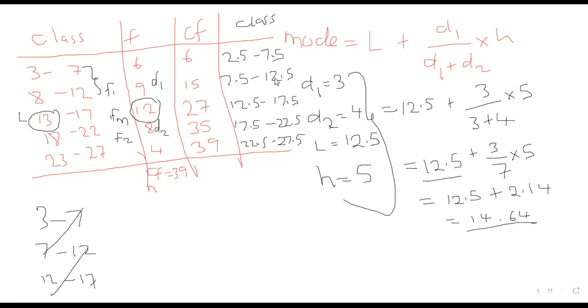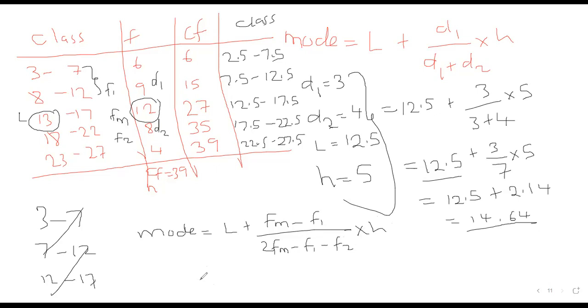This is called our mode. It carries about 5 marks. In your books at master's level, you'll be given this formula: L plus FM minus F1 over 2 FM minus F1 minus F2, times height.